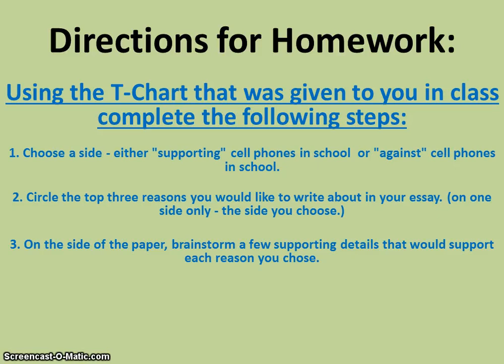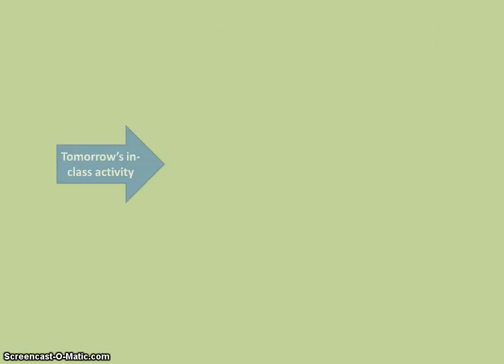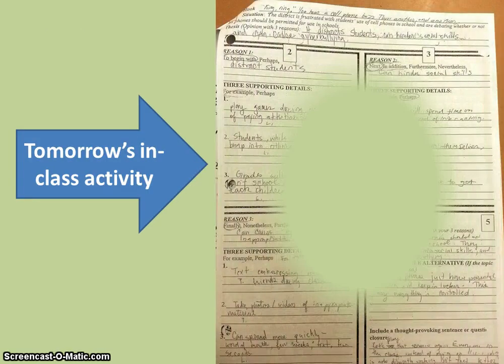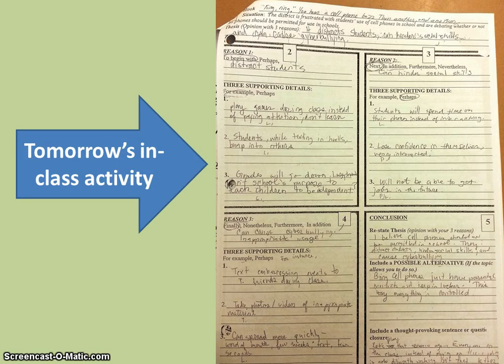And then you might want to consider brainstorming a few supporting details that would support each reason that you chose. Although we're going to do this in more detail tomorrow, it would be really helpful for you to think about this tonight. Okay, and that's going to be due tomorrow. Tomorrow in class, we're going to work on creating a 4-square method.